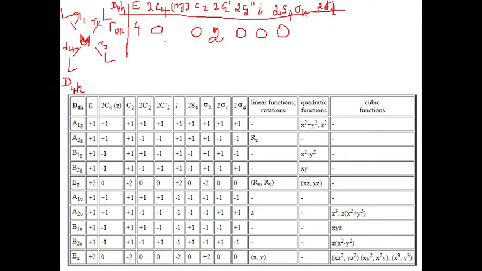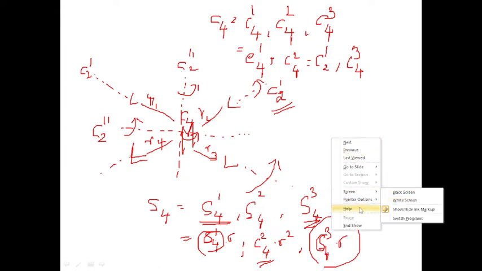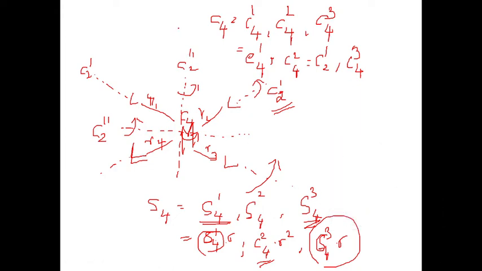So sigma h. So sigma h is a horizontal plane. So all the bonds are going to remain the same because it is a horizontal plane. Okay, and then sigma d. So where is this sigma d? Sigma d is actually this plane. The sigma d is the plane that is passing along with the C2. So if you imagine a plane here, that is a sigma d.